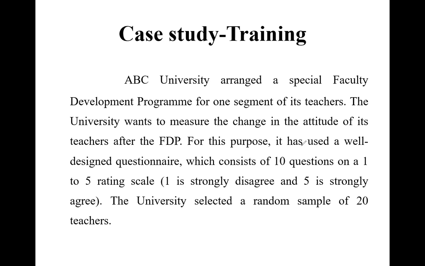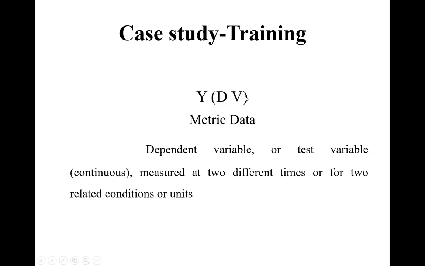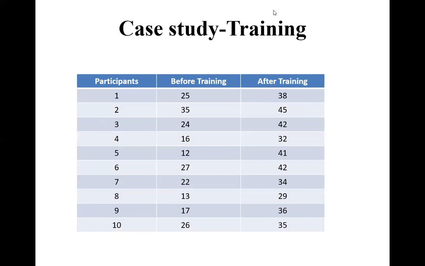It used a well-structured questionnaire to measure the attitude, and selected 20 teachers. The data is continuous. Before the faculty development program, the score of the first teacher is 25, and after joining the program, the attitude score is 38. Similarly 35, 40, 24, 40.